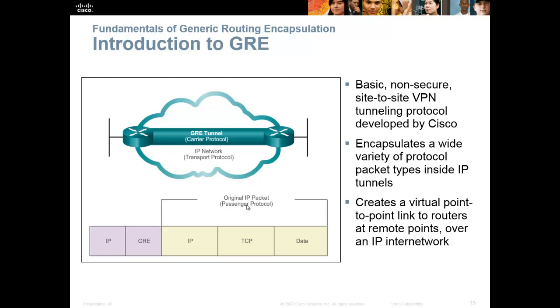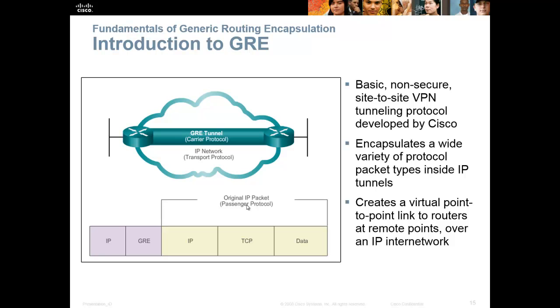They're basic, non-secure, site-to-site VPN tunneling between router and router that Cisco did. Cisco created this because there are other encryption software packages or devices out there, like IPsec. So you can create this tunnel between the two routers. Now I don't necessarily need a firewall.